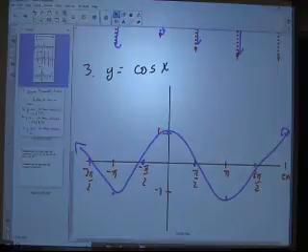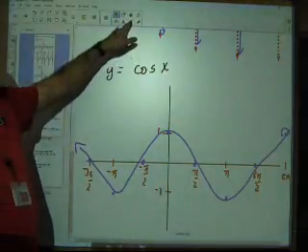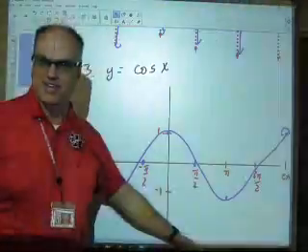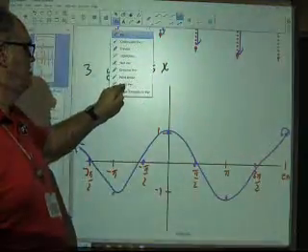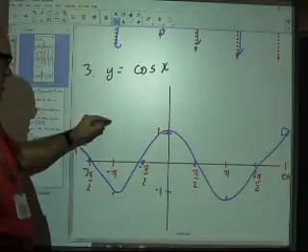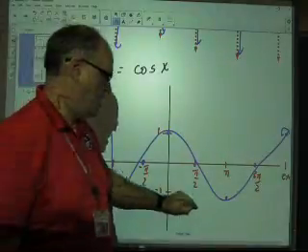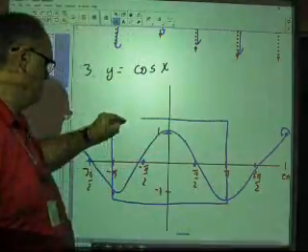Will it have to go out until negative pi and pi? Well, let's take a look. You said negative pi to pi. That's what I heard, right?